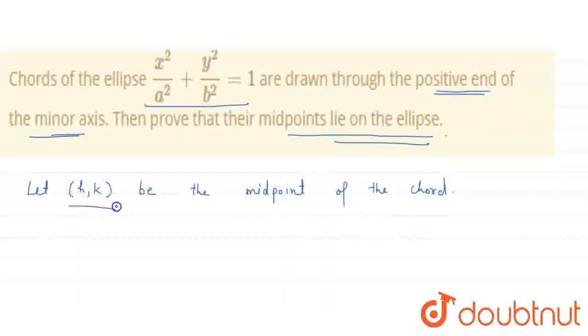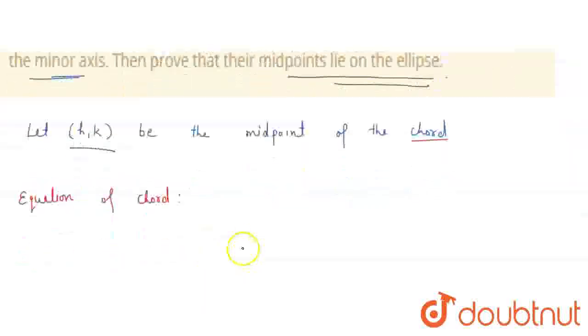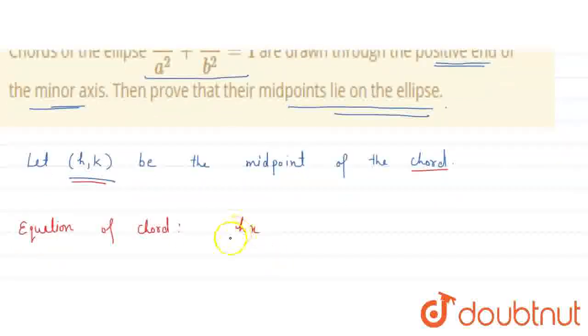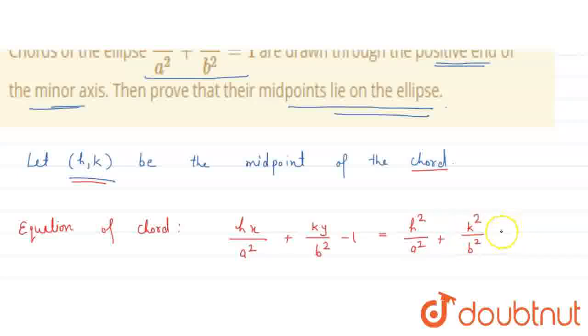Now if this is the midpoint, then what is the equation of chord? So the equation of chord through this midpoint is hx upon a square plus ky upon b square minus 1 is equal to h square upon a square plus k square upon b square minus 1.